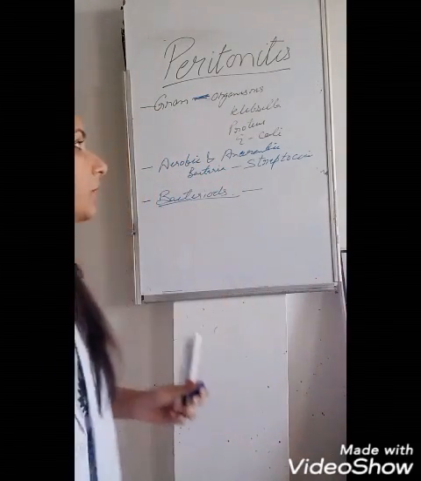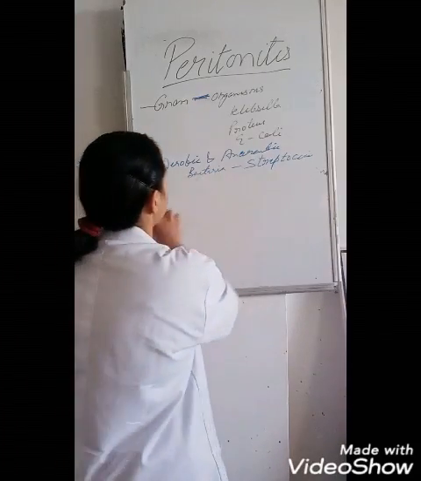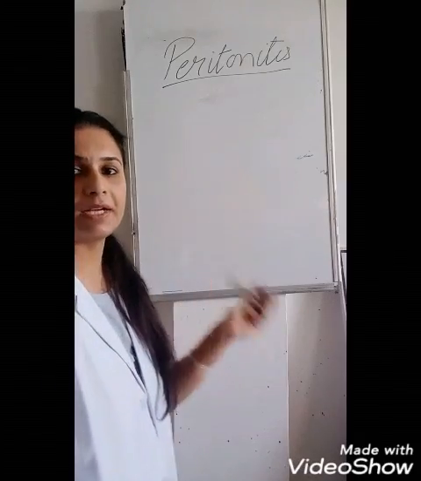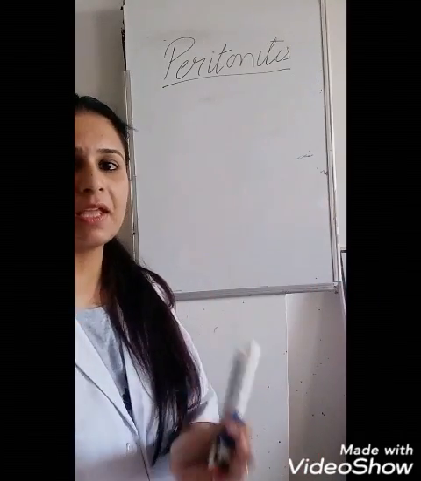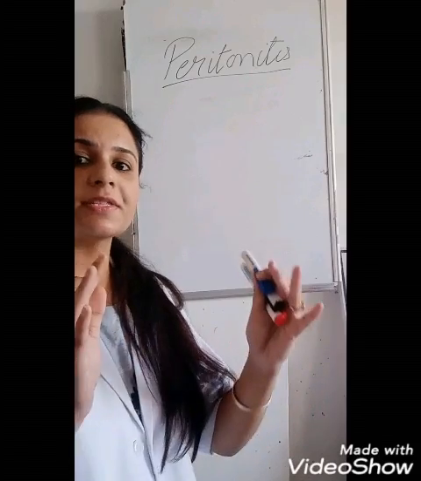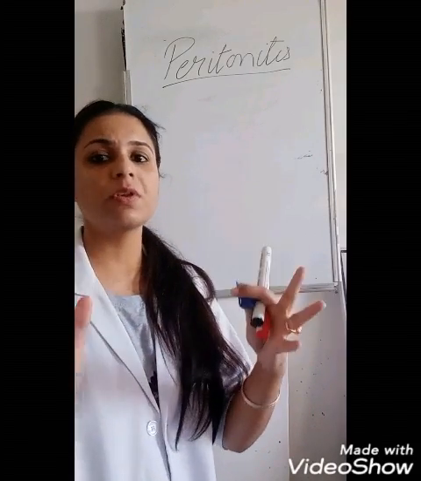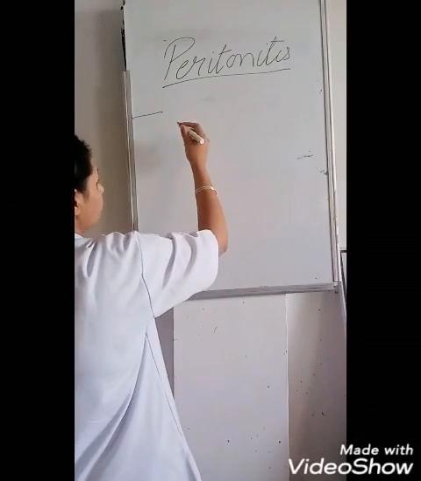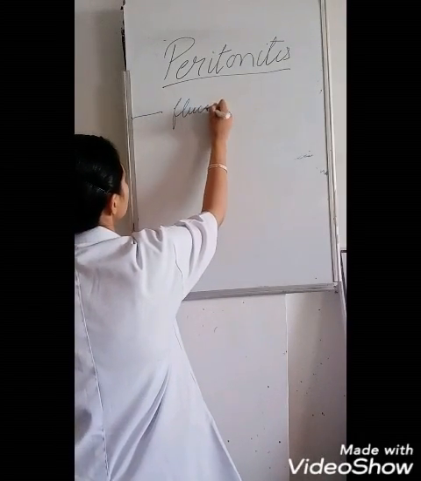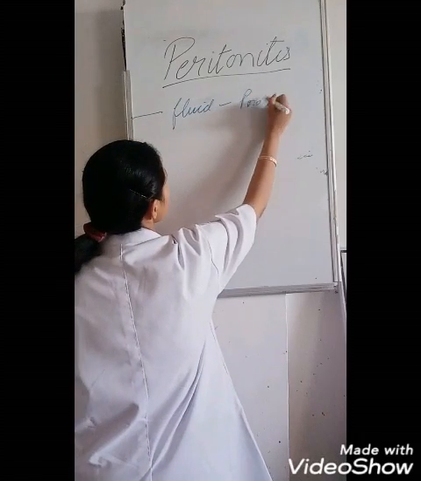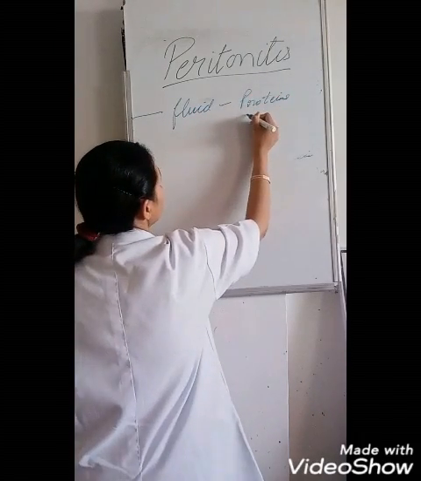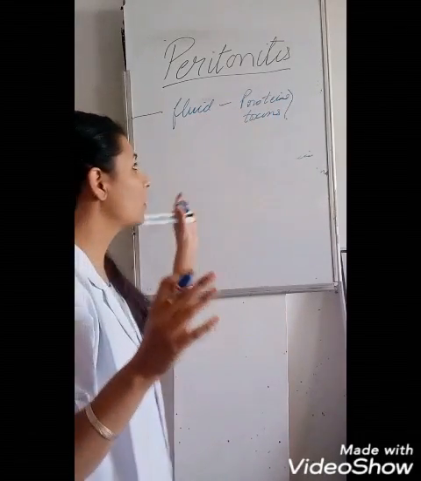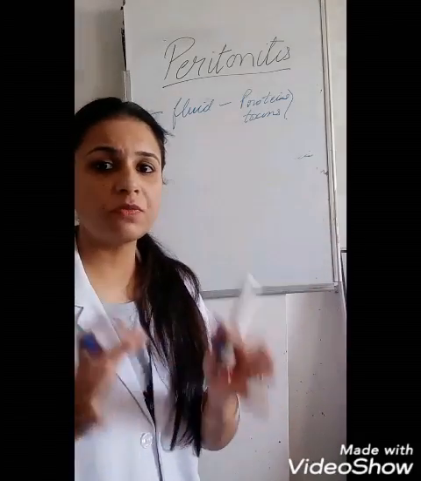Now how does the peritonitis occur? This gram-negative bacteria and aerobic and anaerobic streptococci live and grow in the fluid of the peritoneum. This fluid is rich in proteins and toxins, so that's why the bacteria grow and multiply in it.